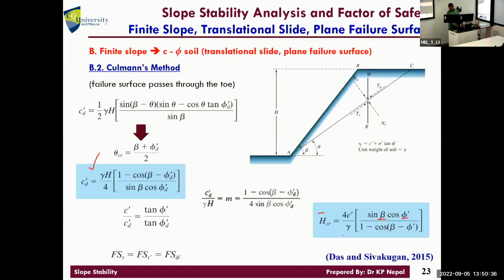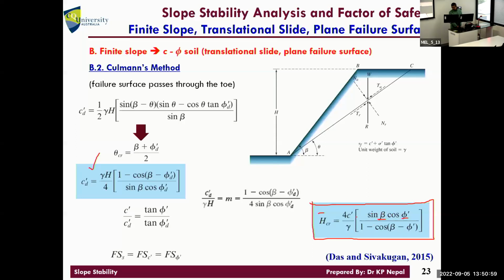So now, tan phi... Okay. Did you copy this equation? Can you put it in? Because if the critical height is known, 1.8, I think we can find the developed one.